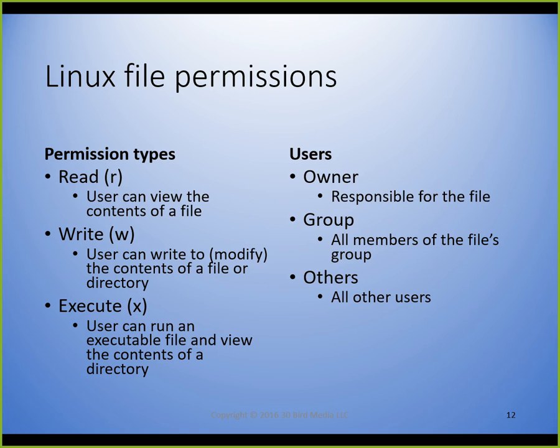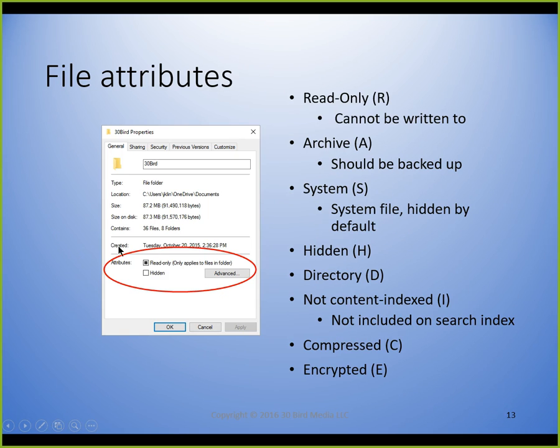They're going to look something like, if I can get back to the pen, if I do a 777, that's a 4, 2, 1, which is read, write, and execute. I think I've got those in the right order. So we could have a 777, which gives us full control, read, write, and execute to A.